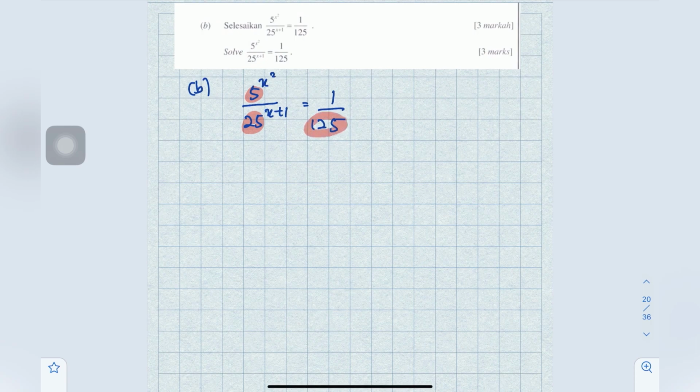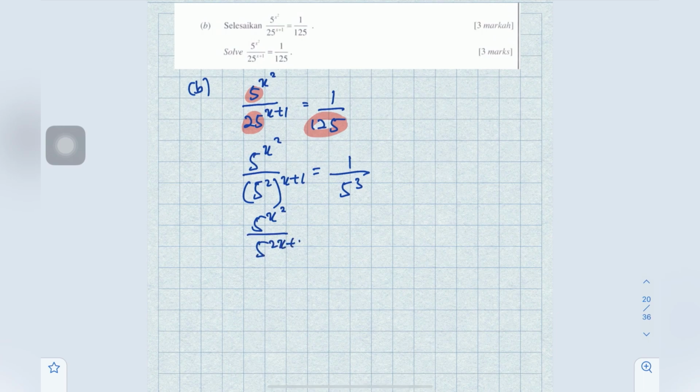Jadi kita kena uniformkan. Okay, ni senang lah. So, uniformkan, maksudnya 5 kuasa 2 lah. 25 is 5 kuasa 2. 125 is 5 cube. Okay, so then kita boleh selesaikan 5 power of x squared bahagi dengan 5 power of (2x plus 2) equals 1 over 5 cube.